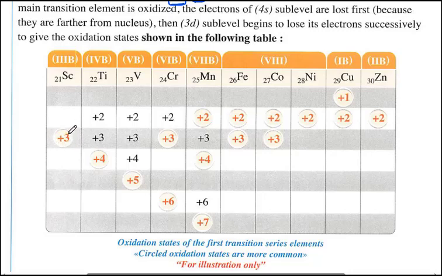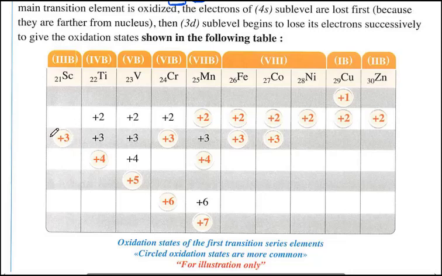Its electron configuration is argon 4s2 and 3d1. It loses all 3 electrons, 2 electrons from the 4s and 1 electron from 3d. So its only oxidation state is positive 3, and this is a very, very important notice. It is repeated in the exams.